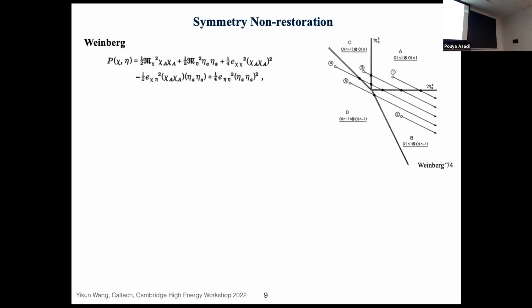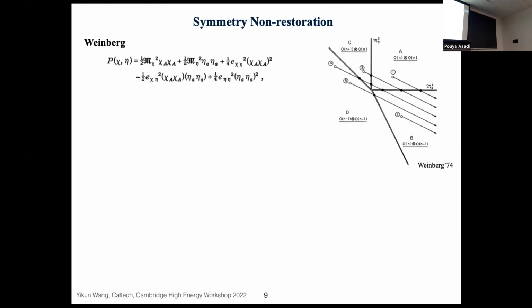But depending on the couplings in this simple Hamiltonian, you can display very different symmetry breaking and symmetry restoration along the thermal history. These arrows tell you the temperature flow here, and depending on where you start in this phase diagram, you can have very rich possibilities of symmetry breaking and restoration associated with this O(N) plus O(N) model.